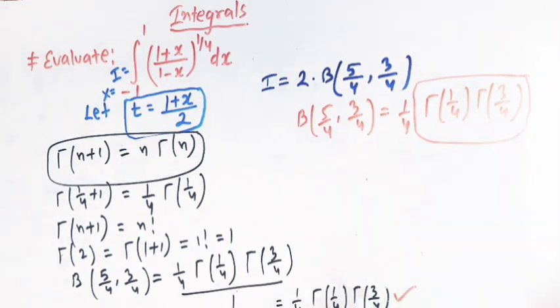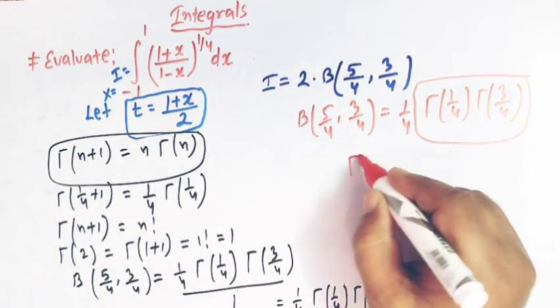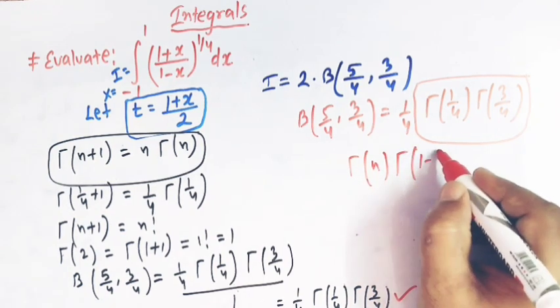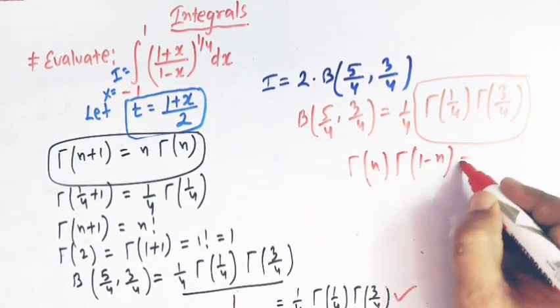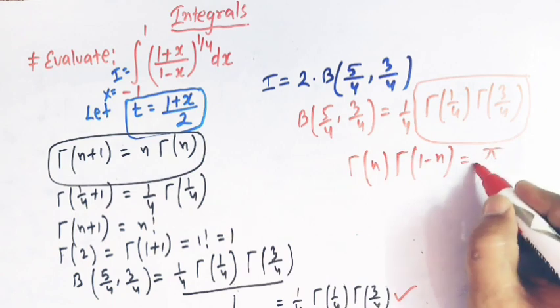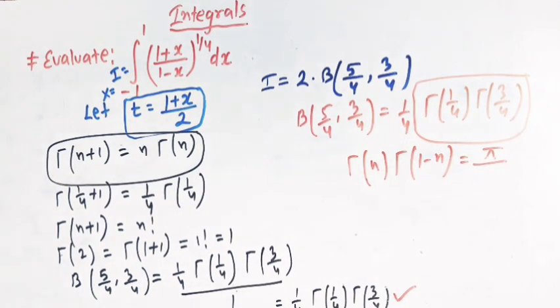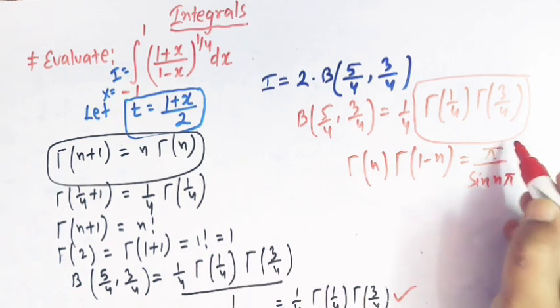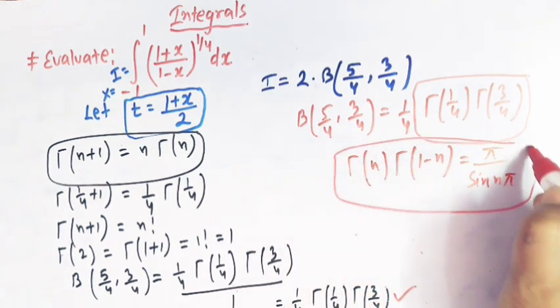And here again we'll make use of a very important result from gamma functions. So we know that gamma(n) gamma(1 − n) is equal to pi divided by sine(n pi), right? So this is an important relation.